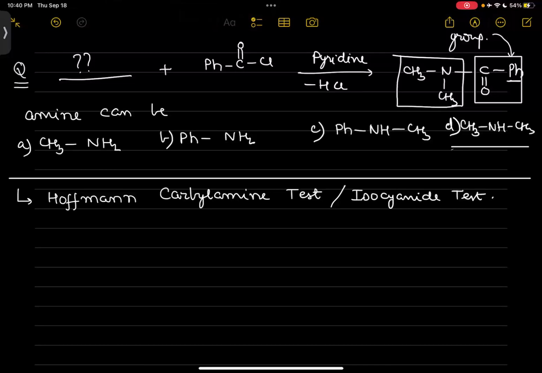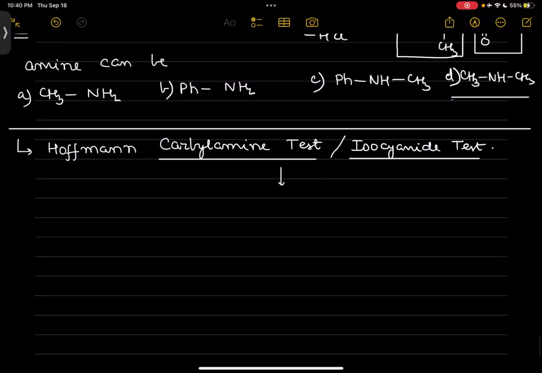And this is used to detect amines. How is it used to detect amines, and which type of amines? It is used to detect primary amines. Got it?